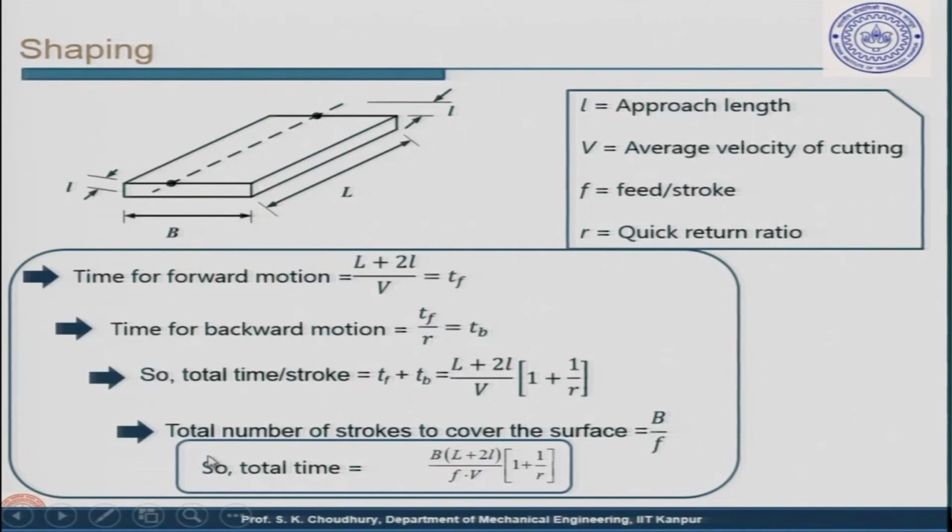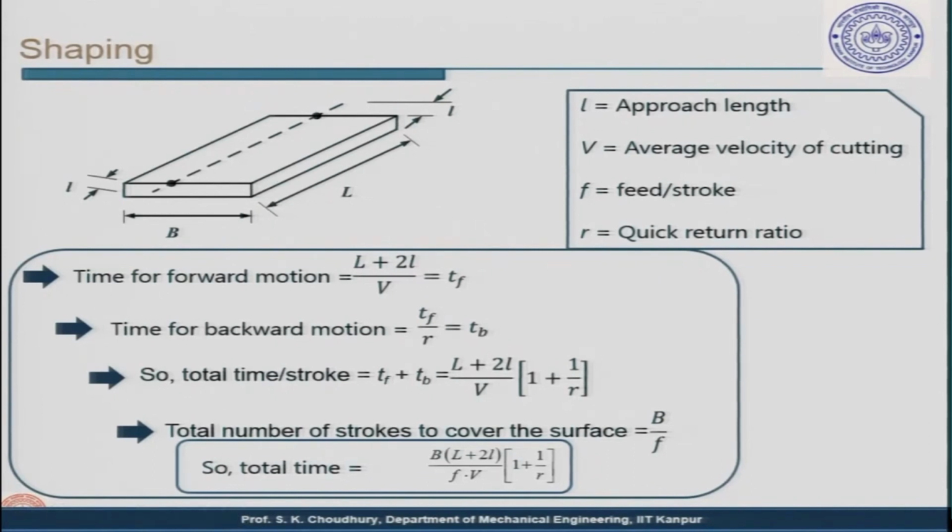Now, if you have to find out how many times the tool has to come forward, remove material and go back, that depends on the width B. It is directly proportional to B, so the total number of strokes to cover the surface will be B divided by F, the feed we are giving.